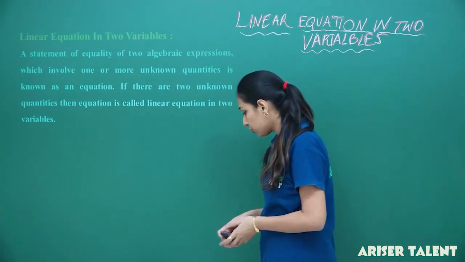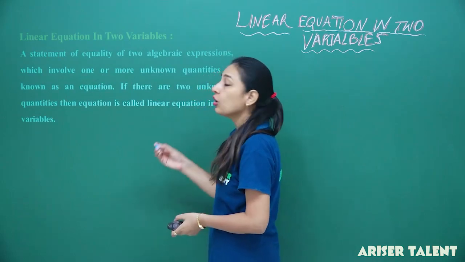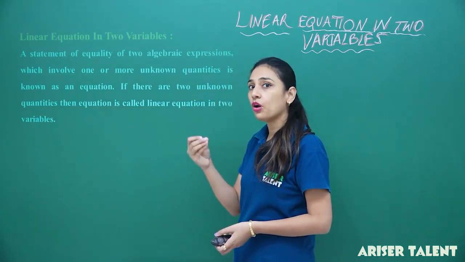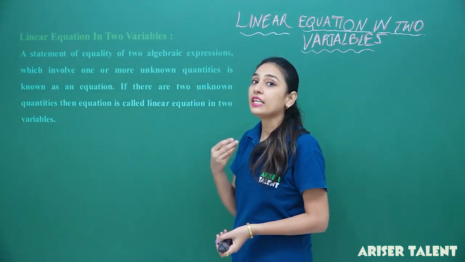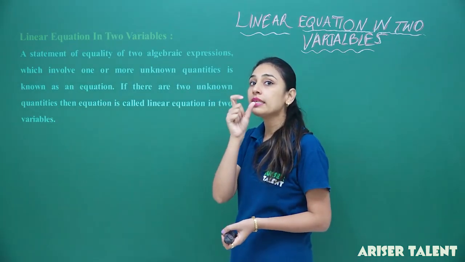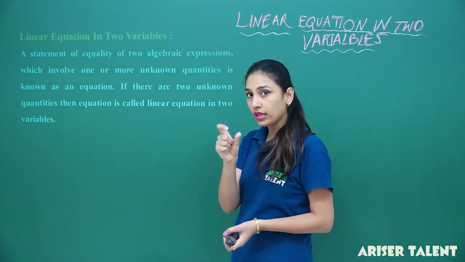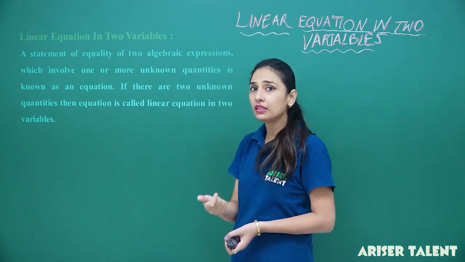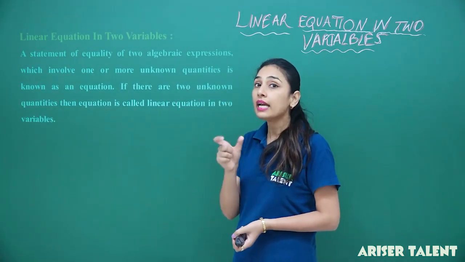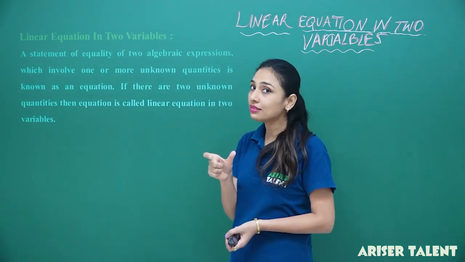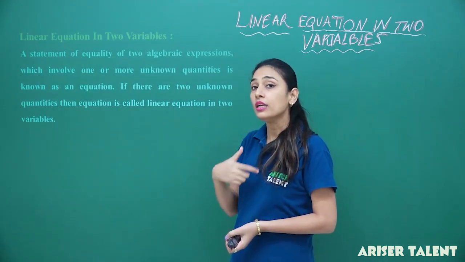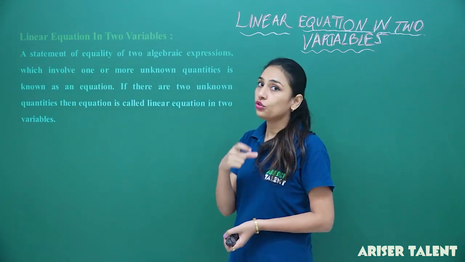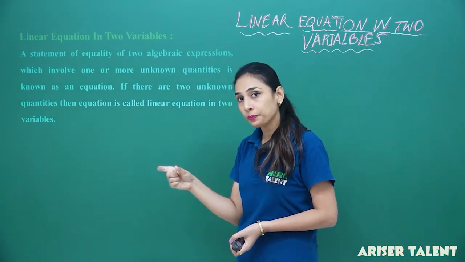First, I've taught you that we have polynomials, and if in a polynomial or in an expression you use the equal sign and equate it with 0 or any other number, then that will become an equation. Now, what is linear? You have studied the linear polynomial.